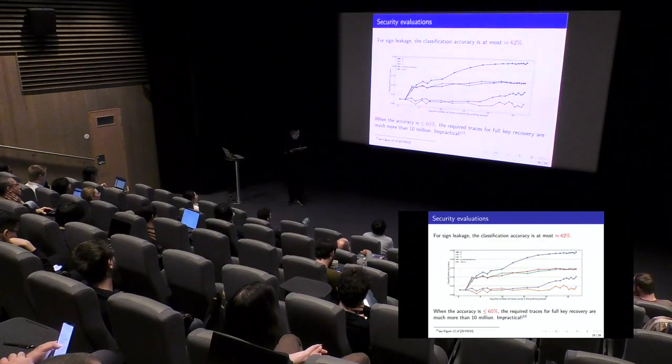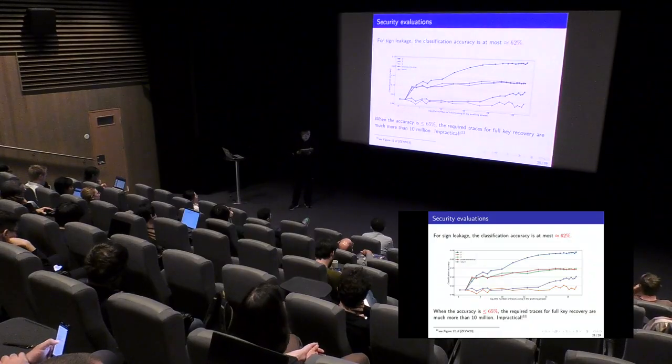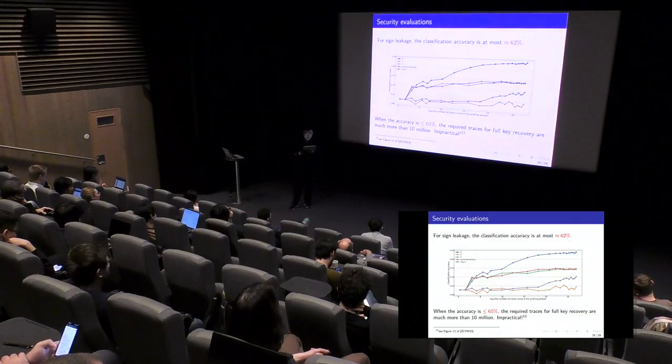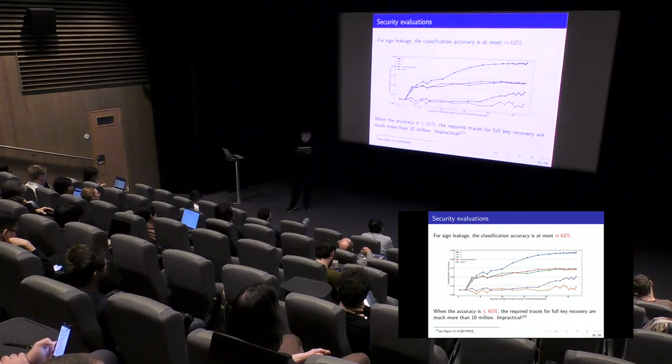Next, we perform security evaluations against sign leakage for our countermeasures. The classification accuracy for sign leakage is at most 62% with different sources of leakages. As mentioned in the Eurocrypt work, these attacks using sign leakages also become impractical.